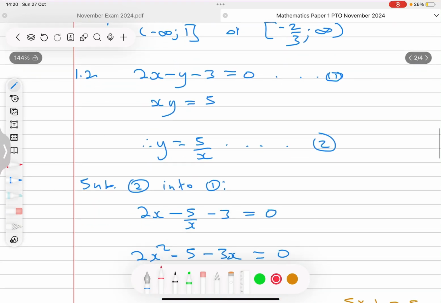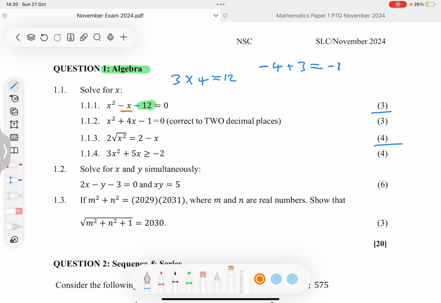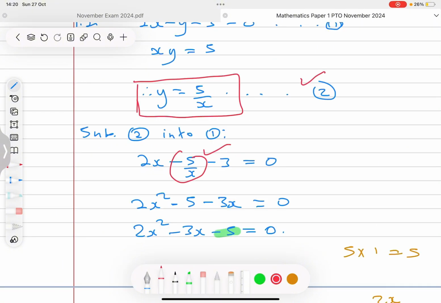With simultaneous, they mark the fact that you took one of the equations and made the other variable the subject of the formula. Then they mark correct substitution, that's 2 marks. So simultaneous is about 6 marks, that's 2 marks. Then they'll mark standard form. Look at this, always standard form gets marked. Whenever you're dealing with a quadratic equation or inequality, ensure that if you have the standard form, you write the standard form.